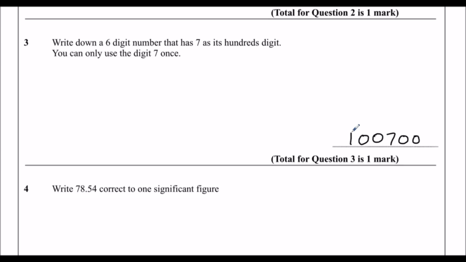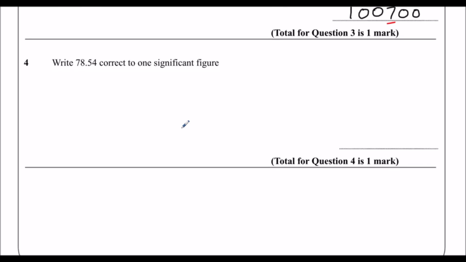So it's 6 digits, 1, 2, 3, 4, 5, 6, with a 7 in the hundreds. For this, you could write down any number as long as it's got a 7 in the hundreds. So you could write down 652,791. So as long as it's got a 7 in its hundreds, and that's the only 7, then that is good for this one.